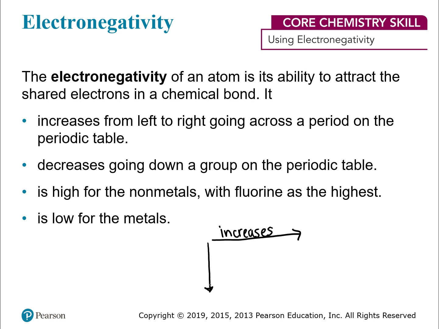As you go from the top down to the bottom of a group, it decreases. So for nonmetals, everything that's kind of over here, they have the highest electronegativity. For metals, it's very low.